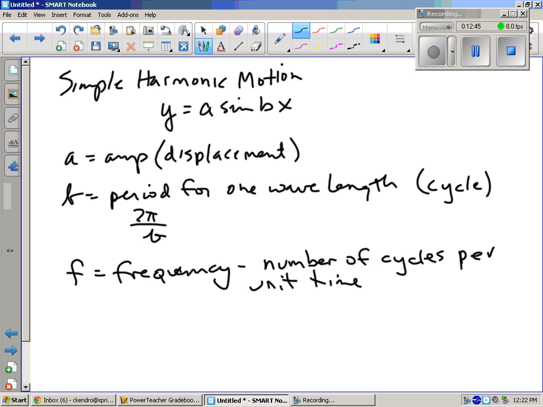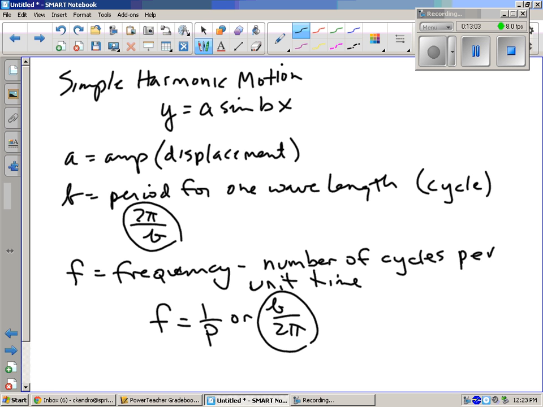So it's kind of the inverse of the period, because that's how long it is for one cycle. This is how many cycles fit into 1 unit of time. So we can say that F is 1 over P, or B over 2 pi. Because if this is 2 pi over B, then this is the reciprocal of it.